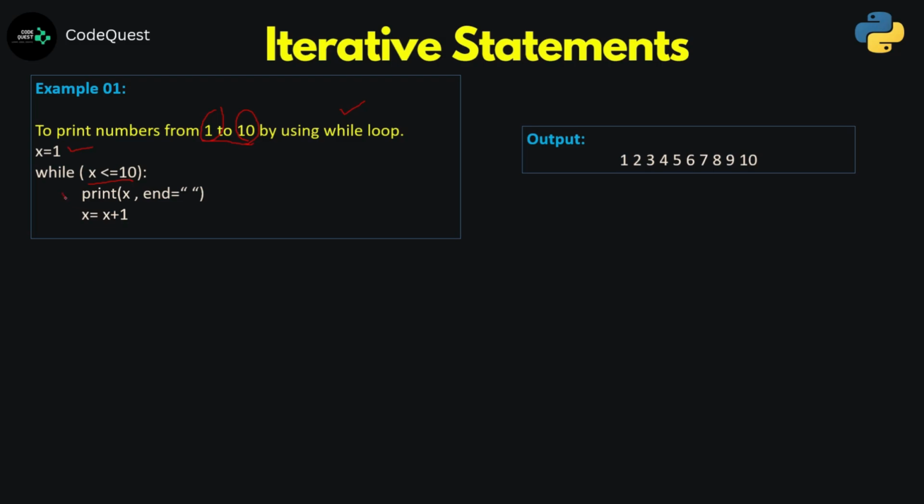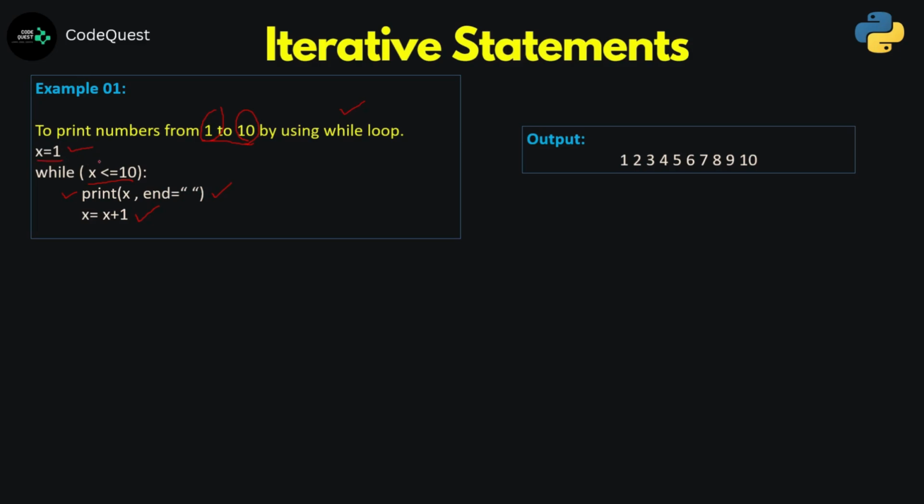This is the body of the loop, which prints the current value of x. And after printing it, we update the value of x by adding 1 to it.